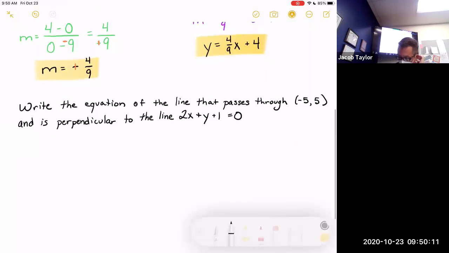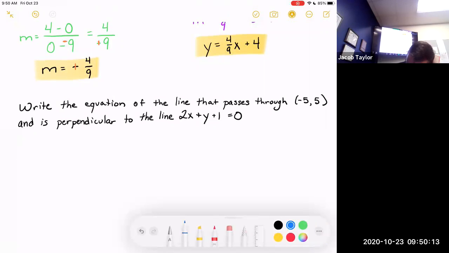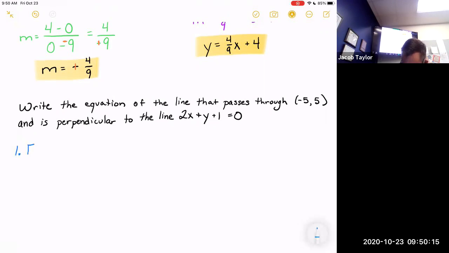Y-intercept's a preference, but we don't always get what we want. So step one is going to be find the slope. Step two is find a point. And just like last time, y-intercept is preferred.